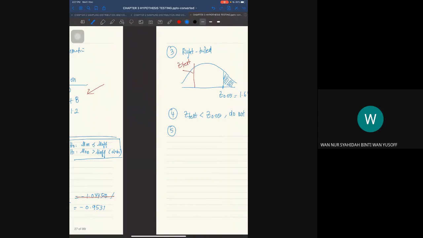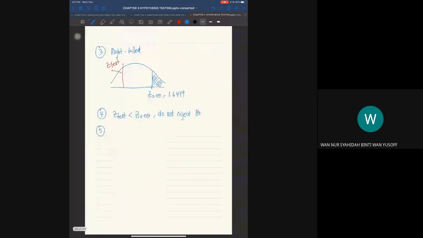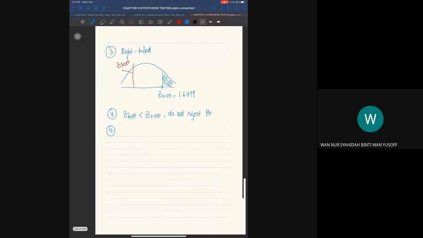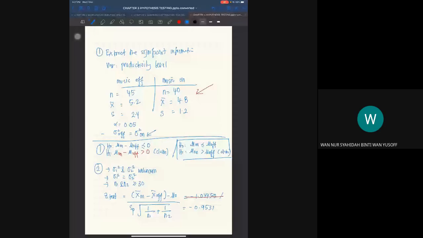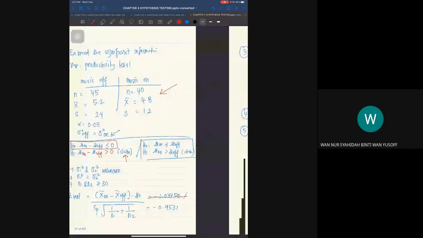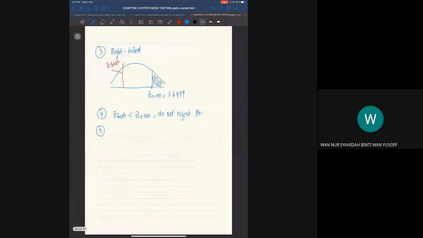Do we accept the claim? No. Do not reject H0 means that we support H0 here. So we reject H1, and automatically we reject the claim because the claim is H1. So you can write here at alpha 0.05.